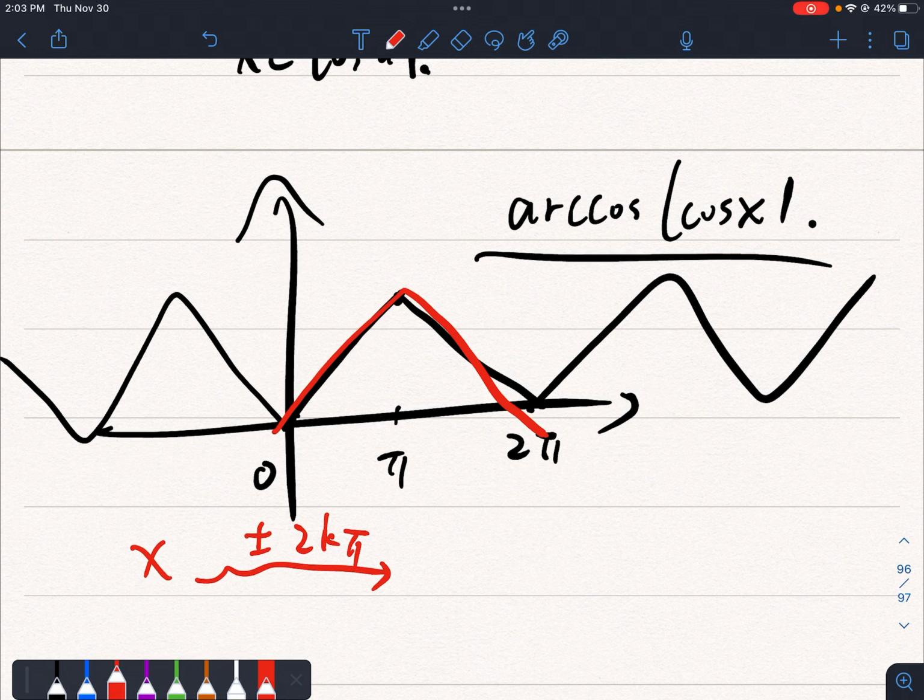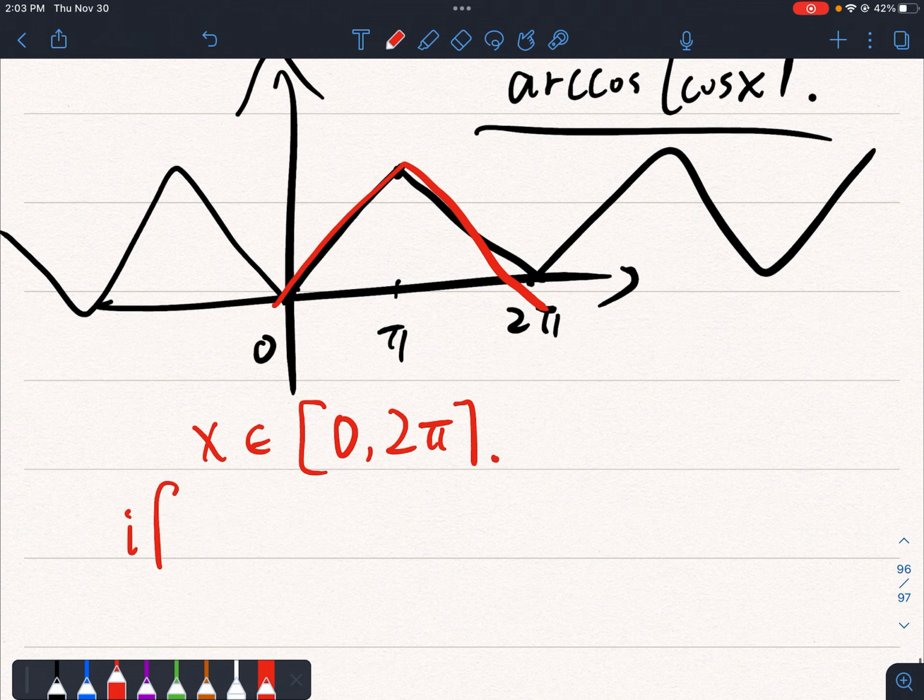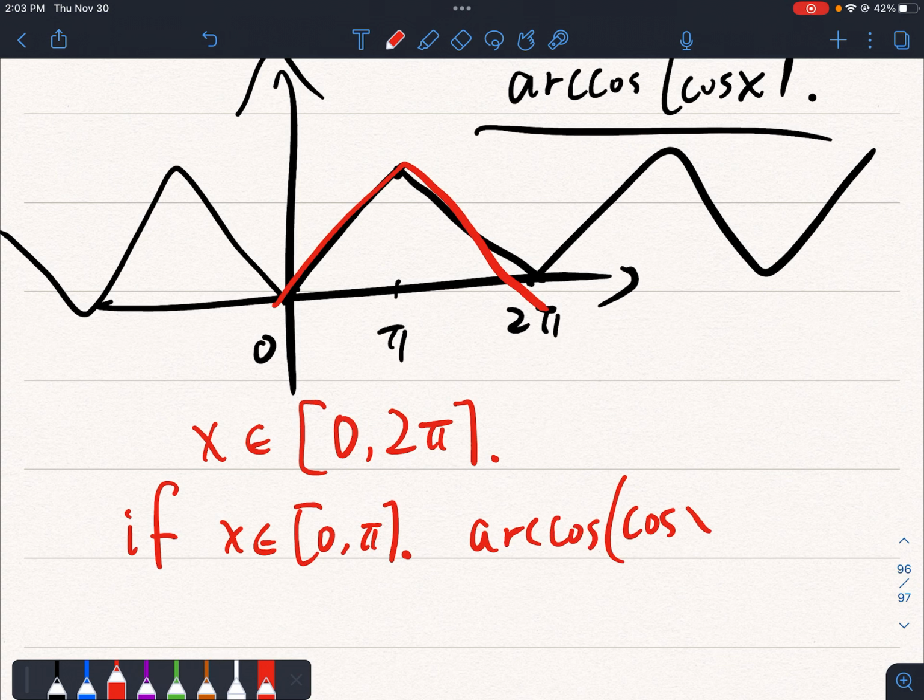So now for each value x, you can add or subtract some 2k pi until you get some value within 0 and 2 pi. So maybe we can just assume, without loss of generality, that x is in 0 to 2 pi.